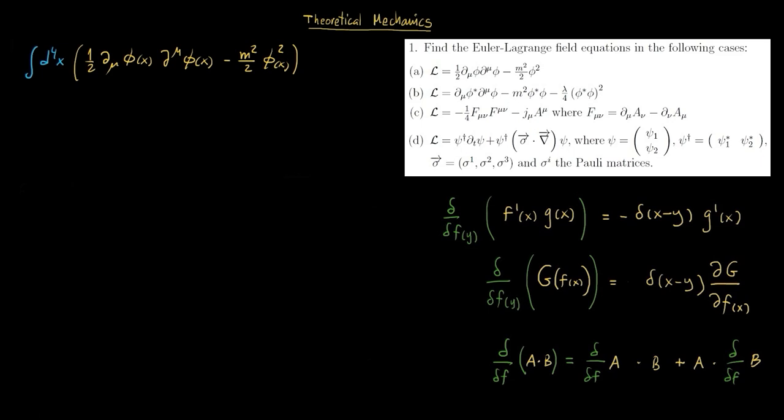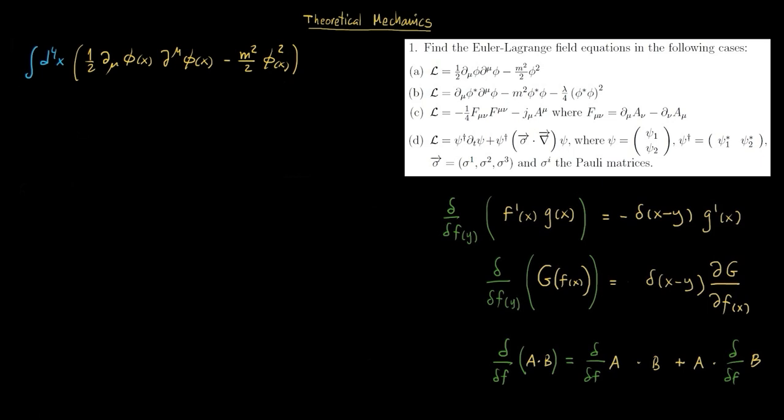And if you find some expression in terms of a function, in this case g(φ) defined as m²/2 φ(x)², the functional derivative of this expression would be Dirac's delta times the partial derivative, the normal derivative, so to say, of g with respect to f.